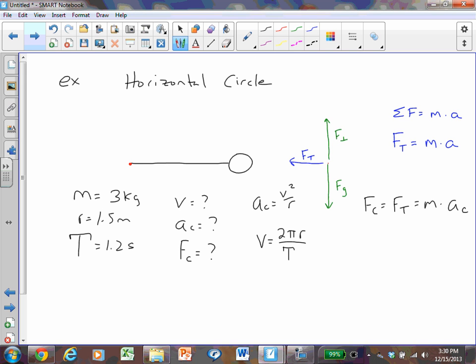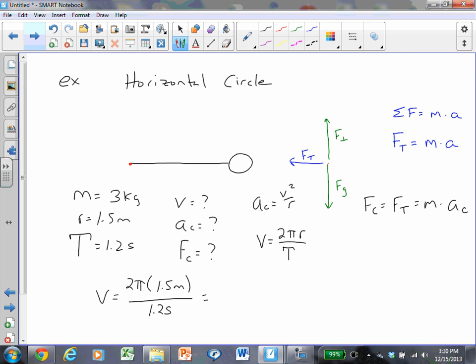So the speed going around the circle at any point is 2 pi times the radius, 1.5 meters, over our period of 1.2 seconds.